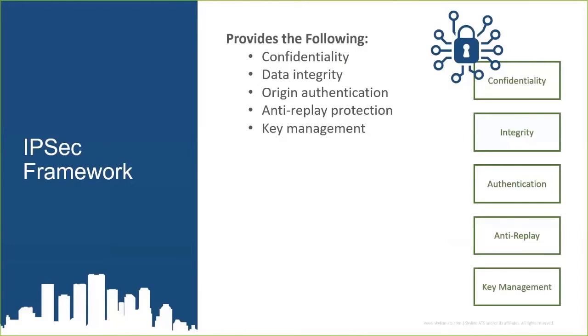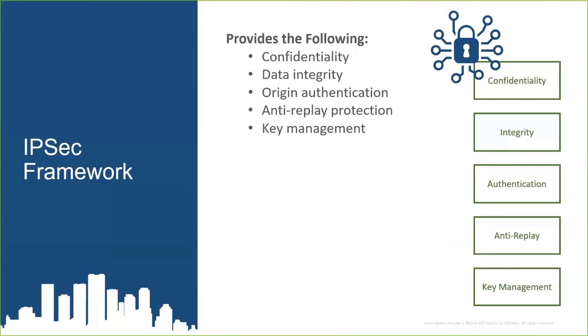IPSec is a framework that effectively provides for confidentiality, again, the encryption of our data in transit, integrity, validating that no changes to the data actually took place while the data was in transit, authentication mechanisms to validate, are you who you say you are, and should I be talking to you, anti-replay protection, and we'll talk about how that works, and then key management.